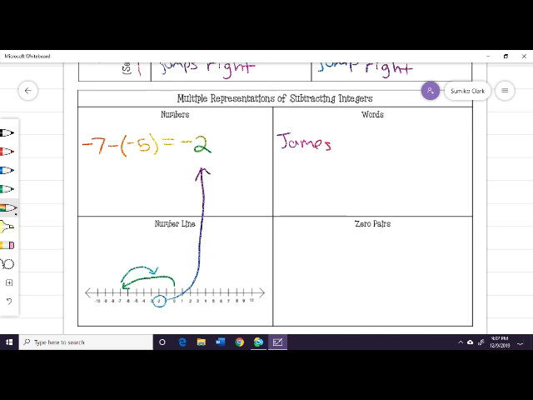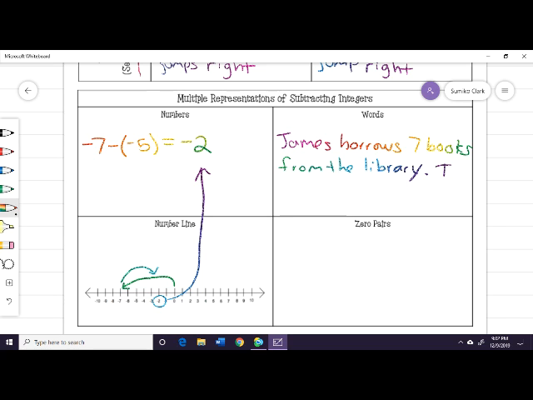Okay, so let's look at a word problem. James borrows 7 books from the library. So the library has 7 fewer books than it did before.